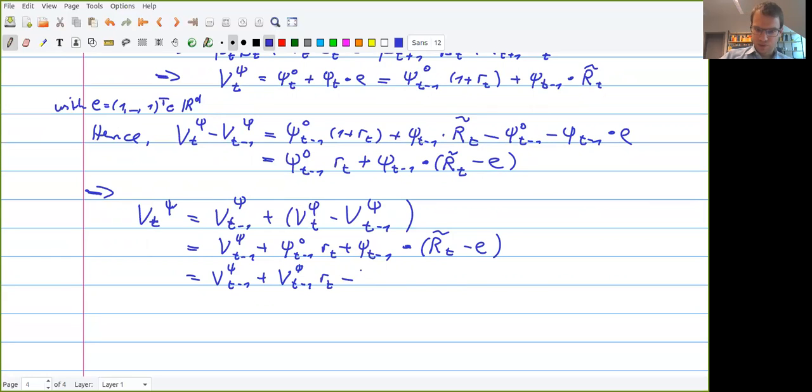And then I have to subtract all the amount I hold in the risky assets. I shouldn't forget this random interest rate.